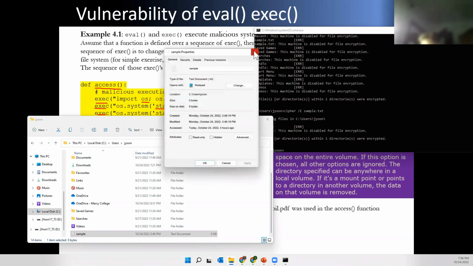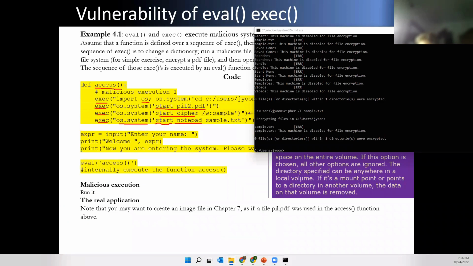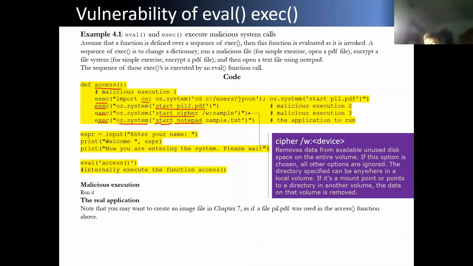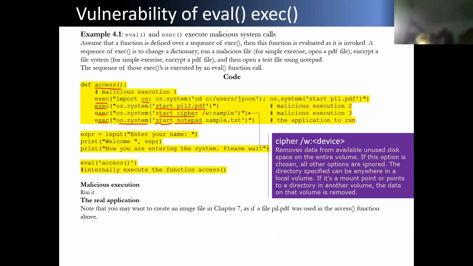But anyway, if it is allowed, then you can do the same thing. You can practice this. Instead of W, you can do E. And then there is another option, /W and colon.